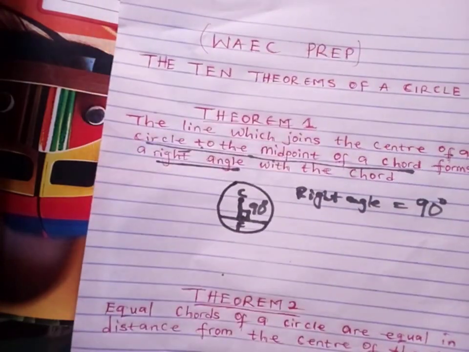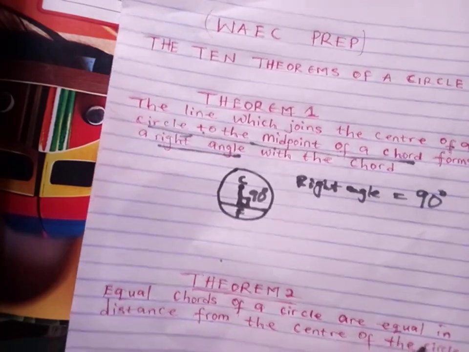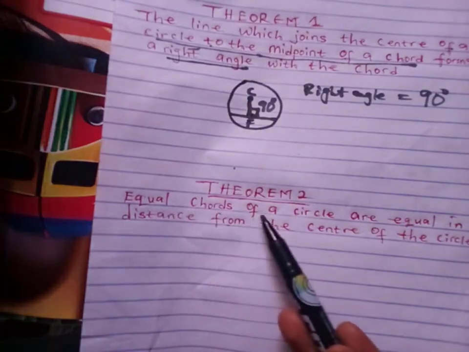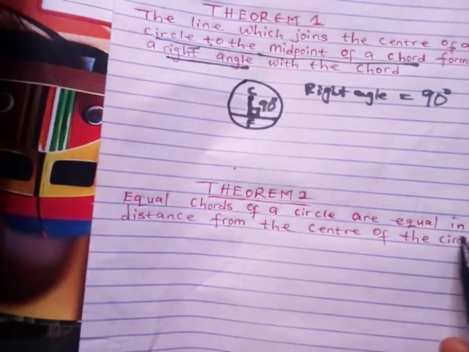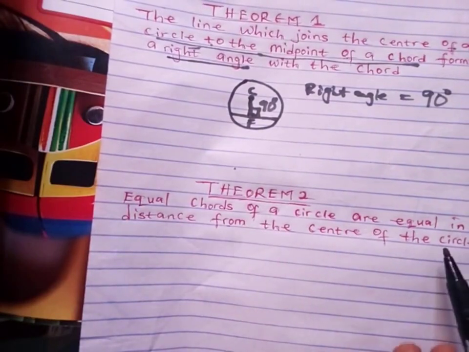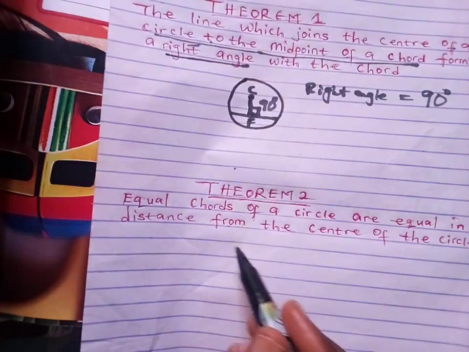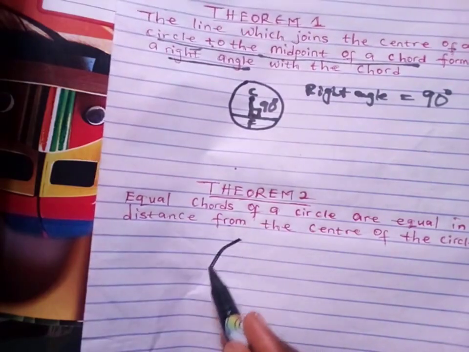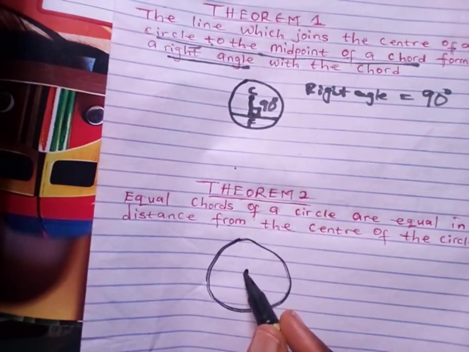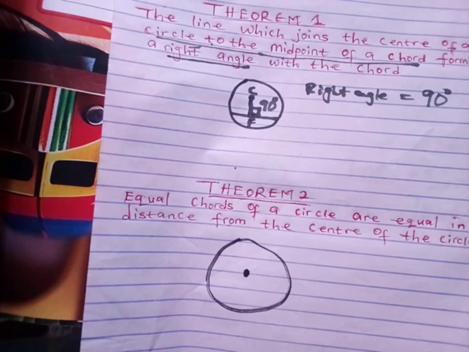Let's look at theorem number 2. The second theorem says that equal chords of a circle are equal in distance from the center of the circle. All right. Now you have a circle. This is a circle, and we're taking this to be the center of this very circle.